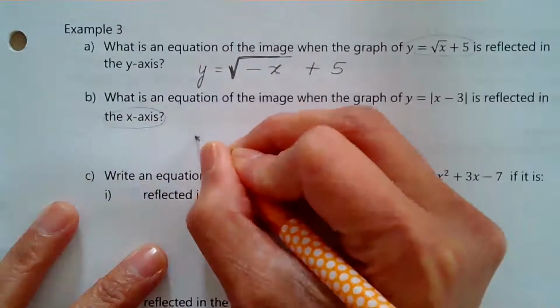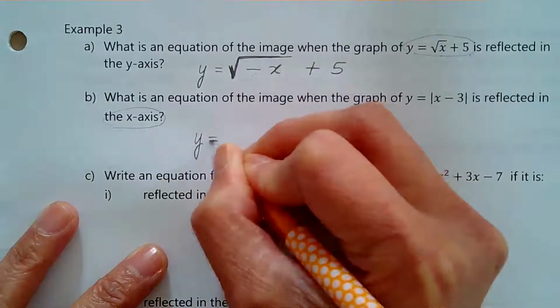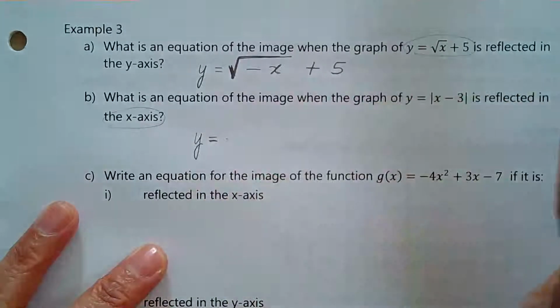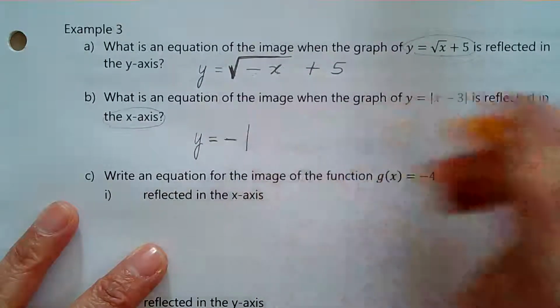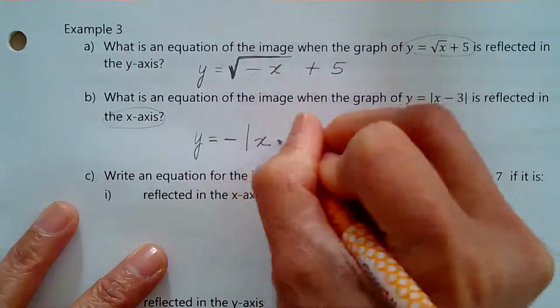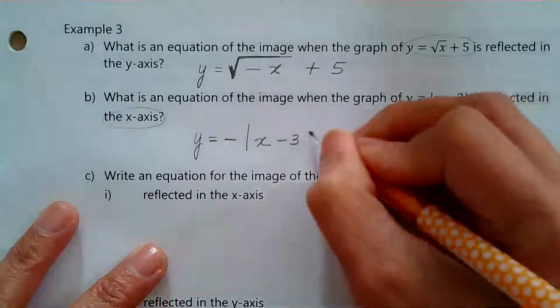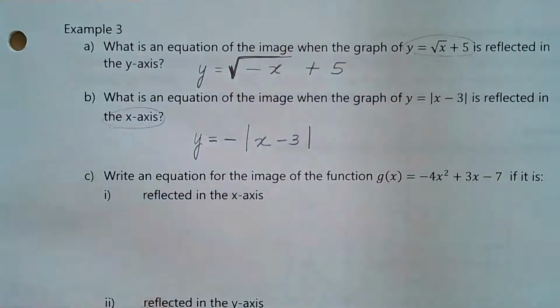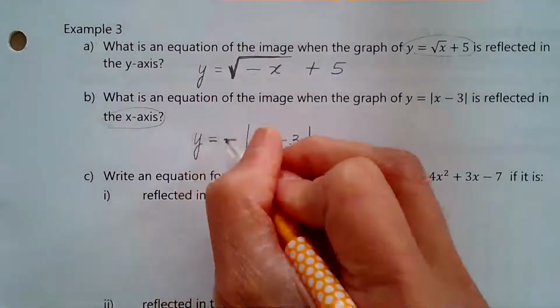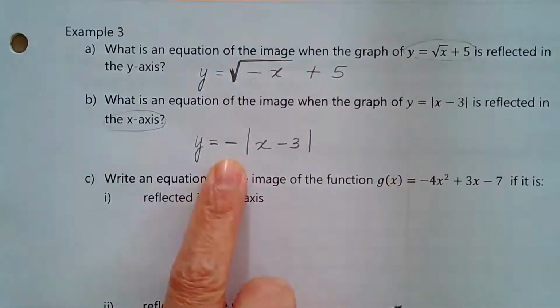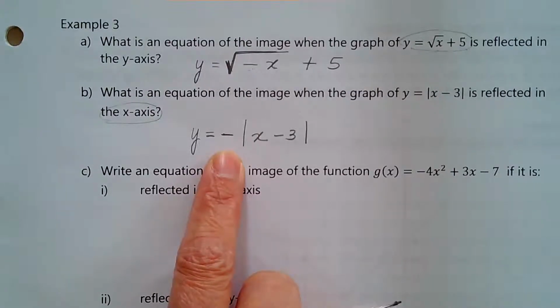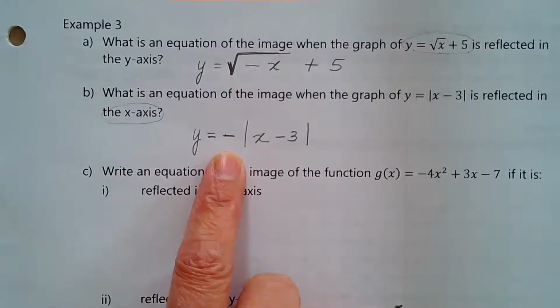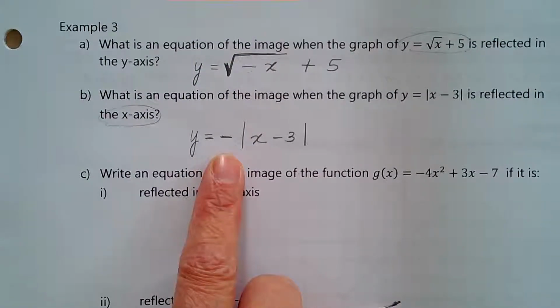It's going to be y equals negative absolute value of x minus 3. The a value is the one that's changing.